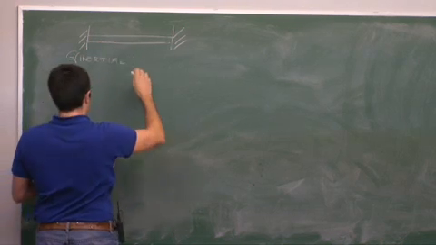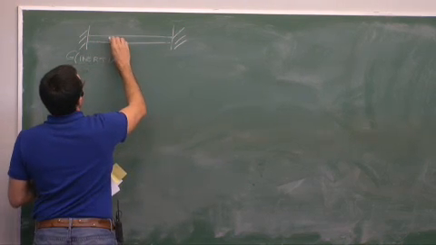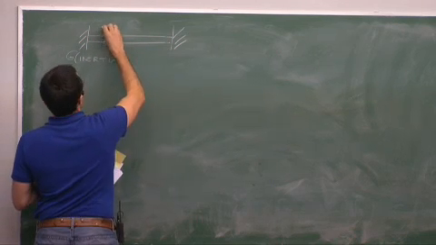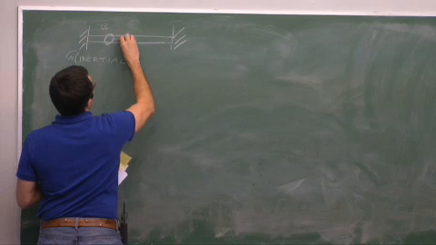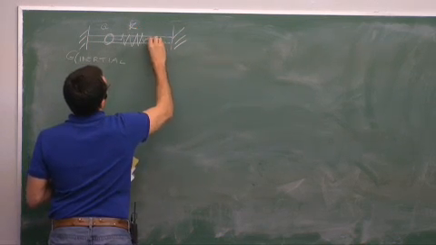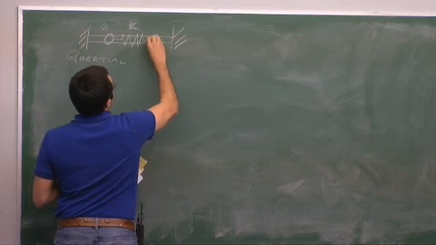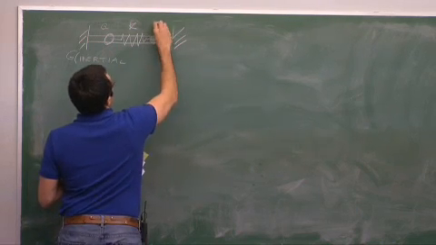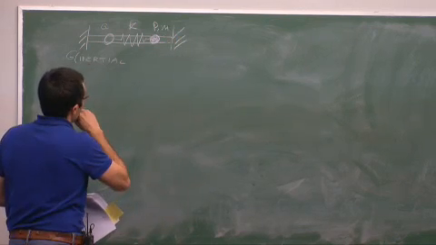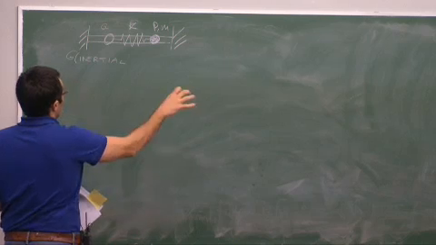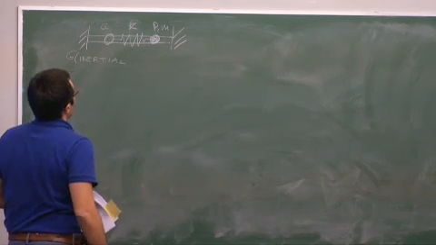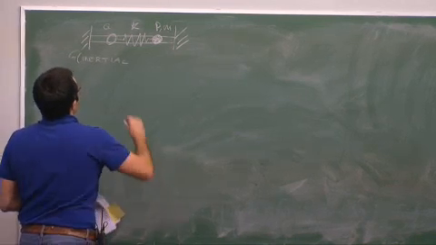We have this guide here, and there is the first point that I'm calling Q, attachment point for a linear spring, K, and then I have the actual particle mass m at the other end. So they are free, both of them, to slide on this guide along this horizontal line. No friction, there's only the spring.